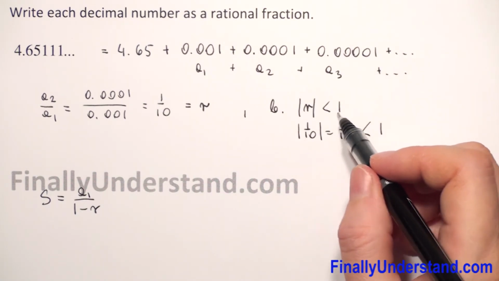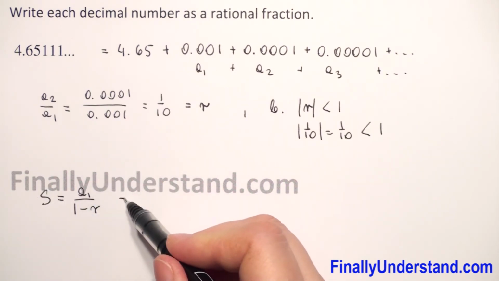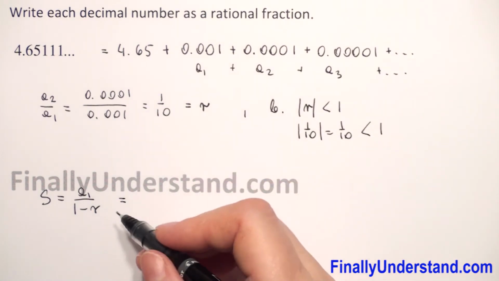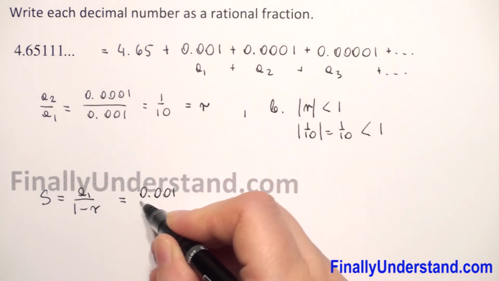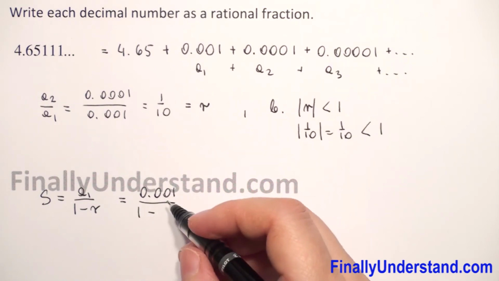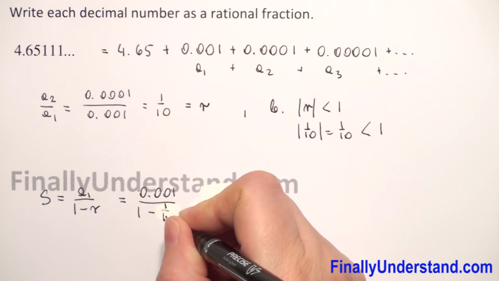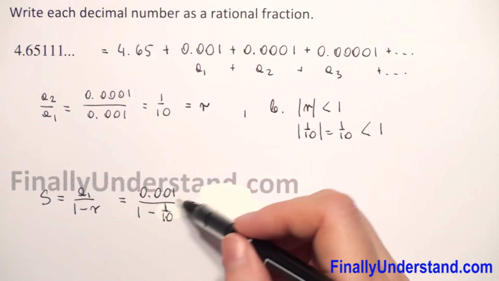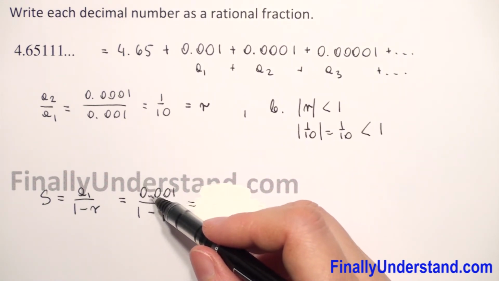The series is convergent, so we can use this formula to calculate this sum. So A1 is 0.001 over 1 minus R, 1/10.